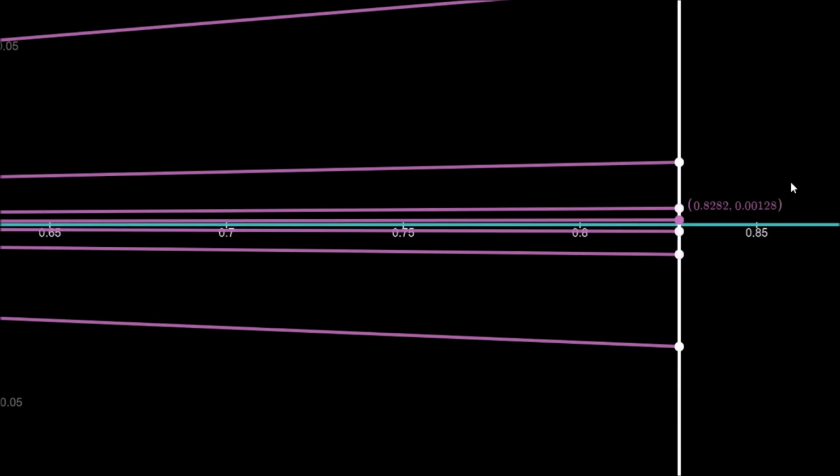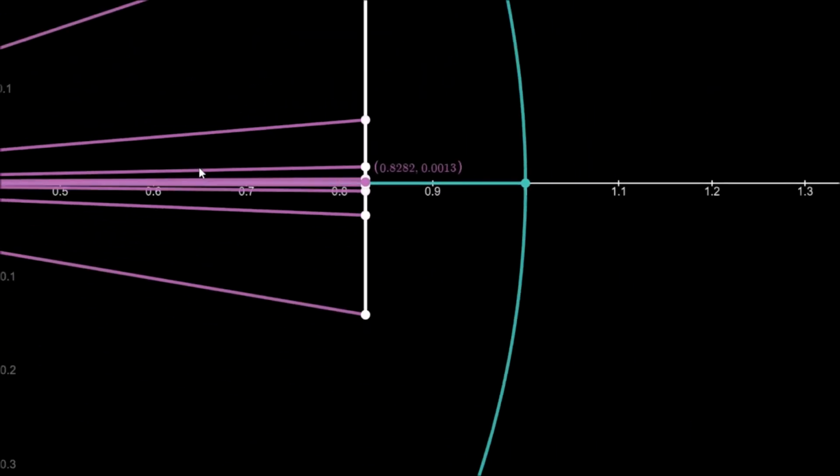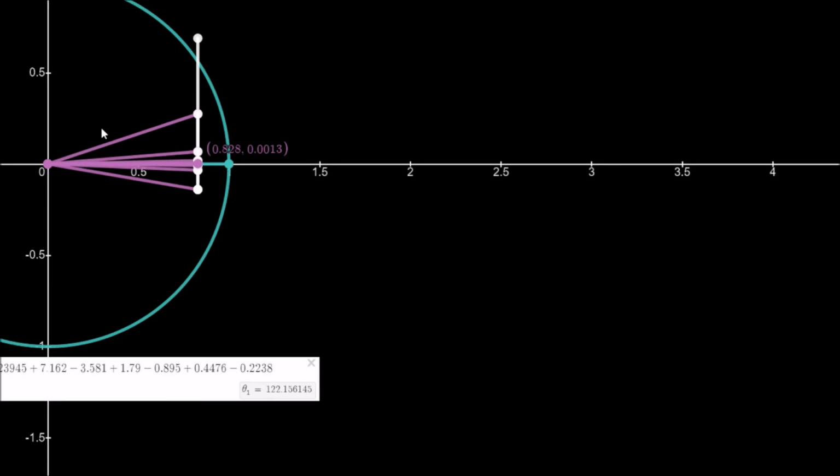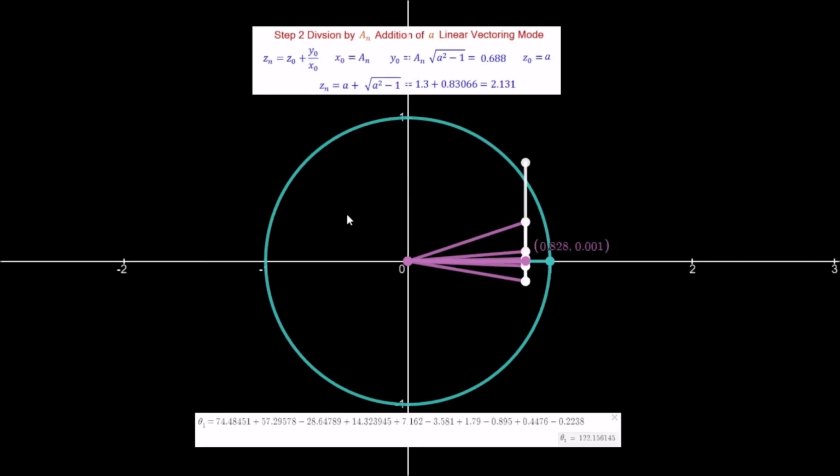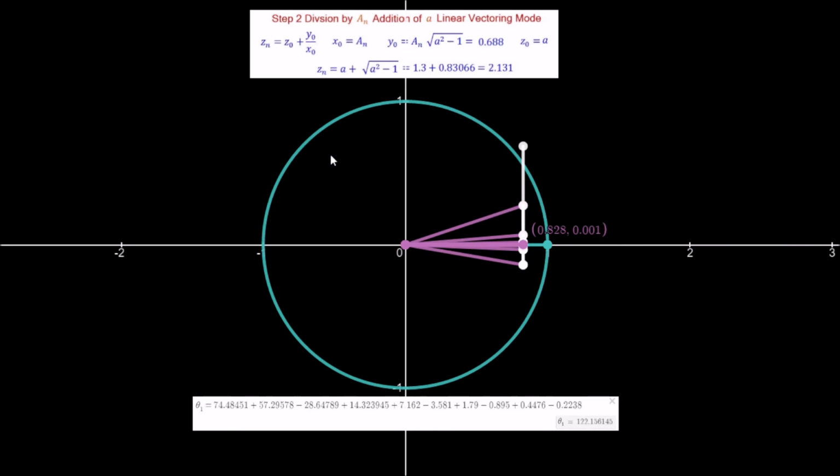So you can see the value of our y has tended towards 0. But in this mode, the final output we're interested in is our value of an angle, which is the angle Zn. Now in order to get that angle, we have to add on and subtract off the values of the requisite angles within the linear vectoring mode.